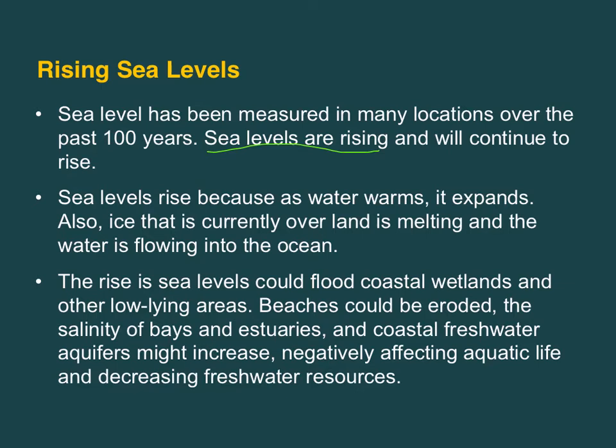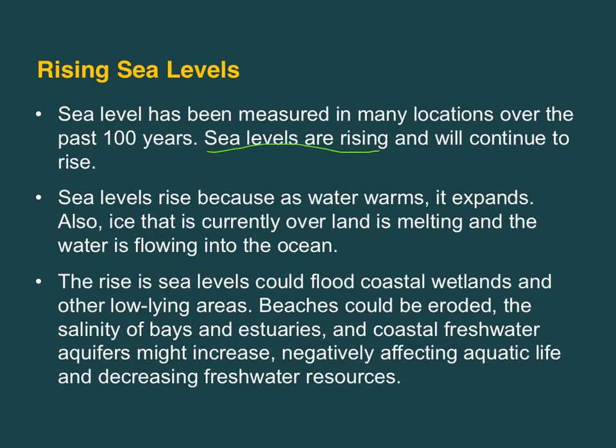We are adding water that's stuck frozen on land in glaciers to ocean water, and that's causing the sea levels to rise. As long as those glaciers keep melting, we're going to keep adding more and more water. Now, if all the glaciers were floating in the water, then we wouldn't see a rise.